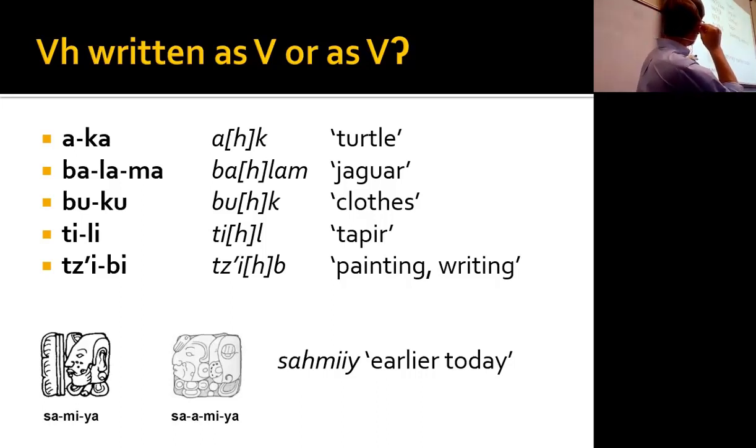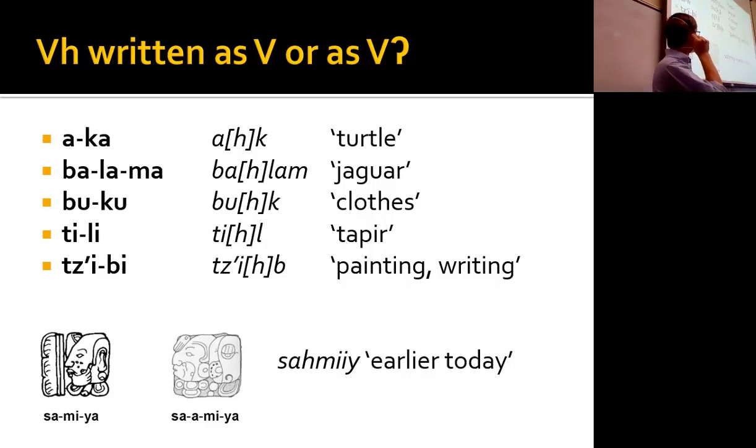Instead of writing Sami, which has to be Sahmi according to reconstructions from modern Mayan languages, they write it as Sami. So that H becomes a glottal stop. And there are other weird examples from the same category, like Ukti is written as Uti as opposed to Uti, because that H becomes, they hear it as glottal stop, they write it as if it had a glottal stop. So they reanalyze the vowel and it's reflecting in the spellings.